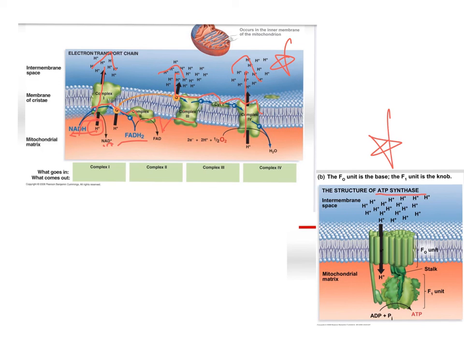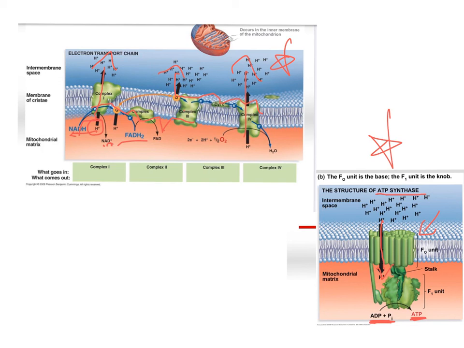What happens is we're building up this concentration gradient because we want the hydrogen ions to be forced to come through this ATP synthase. Because as they do, they crank this little motor. And as this motor cranks, the energy is used to take ADP and phosphate and phosphorylate them together into ATP.